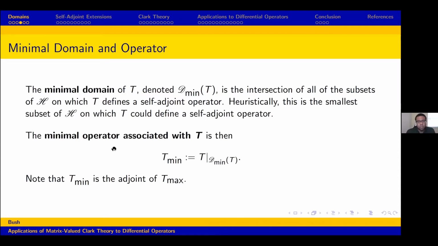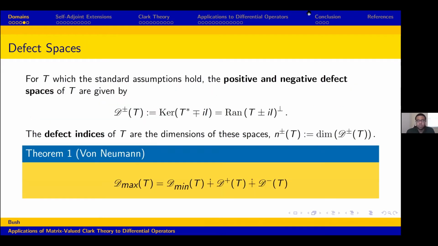As I've stated, the minimal domain is going to be contained in any self-adjoint domain, and all the self-adjoint domains are going to be contained in the maximal domain, so there's some space between the two. The exact quantification of that space comes in the form of what are known as defect spaces.